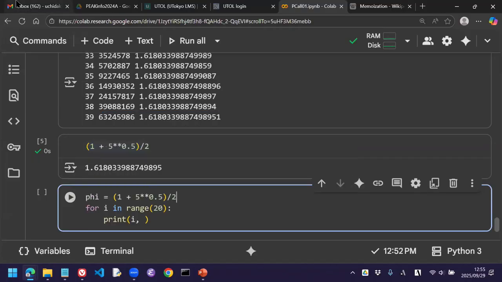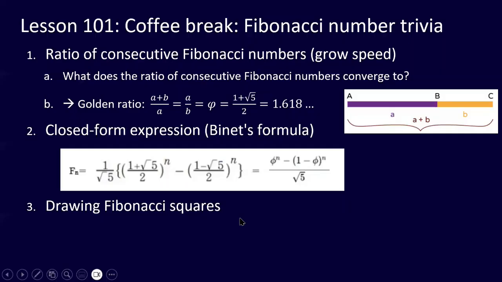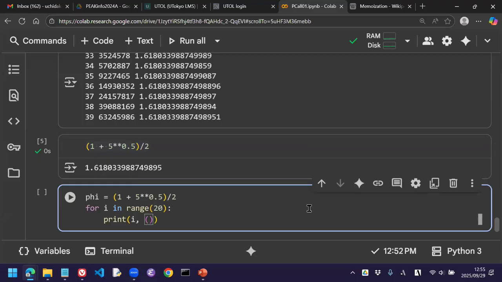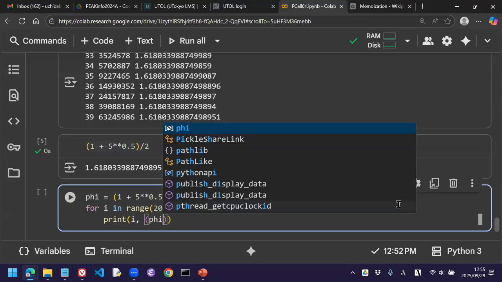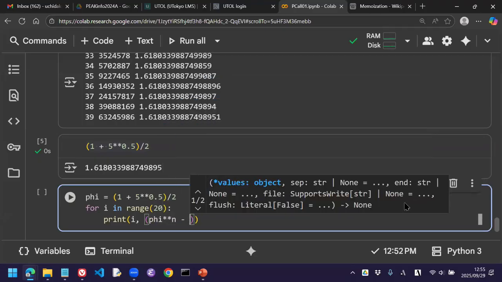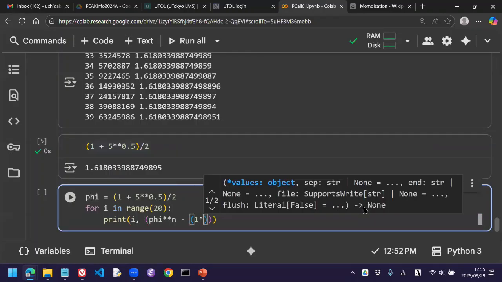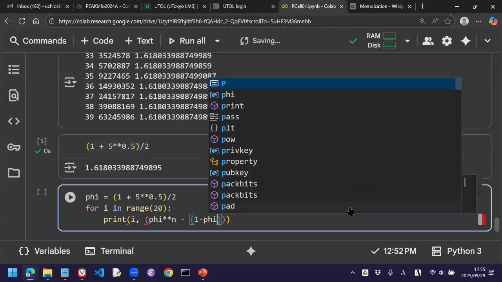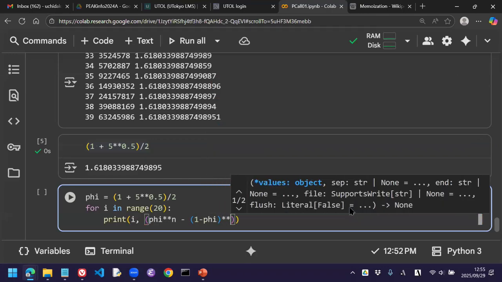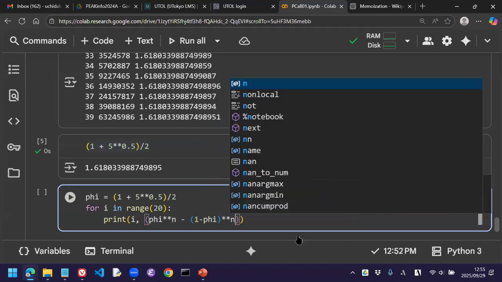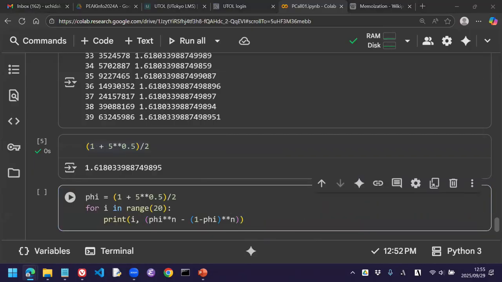Phi equals this number. And then what we want, as we saw in this one, is phi to the power of n minus this one. So phi to the power of n minus 1 minus phi raised to the power of n, all divided by square root of 5.